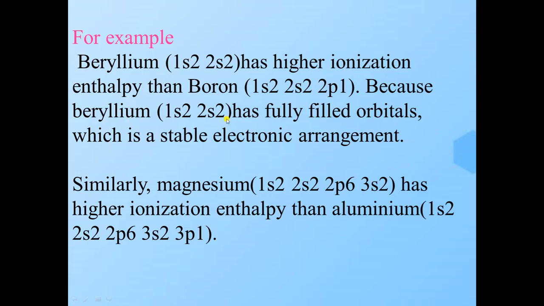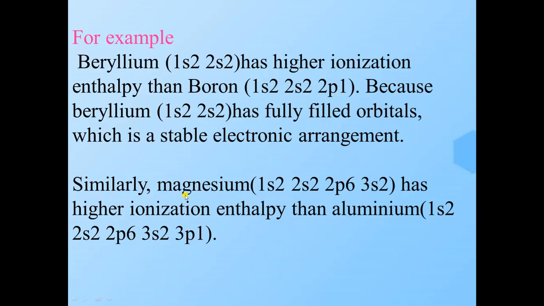So that means it is difficult to remove an electron from a fully filled orbital. Here, in case of boron, only one electron is present in the p orbital, and a total of 6 electrons can be filled in the p orbital, so it is less stable. So we can easily remove this electron, which means less amount of energy is required. So less ionization enthalpy.